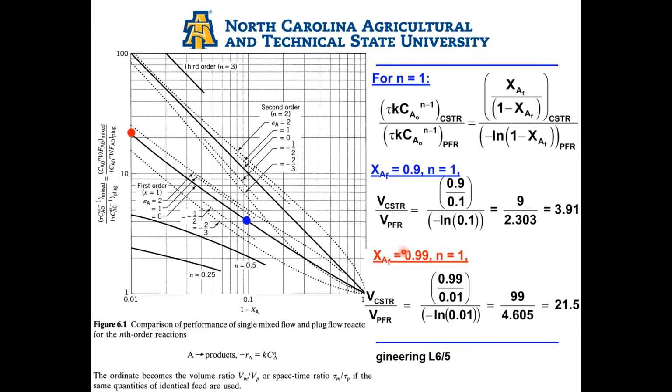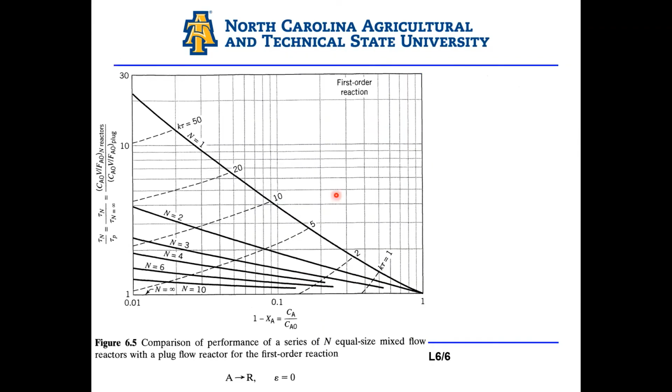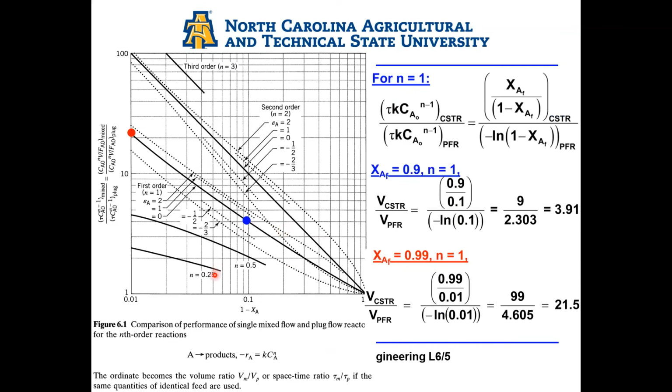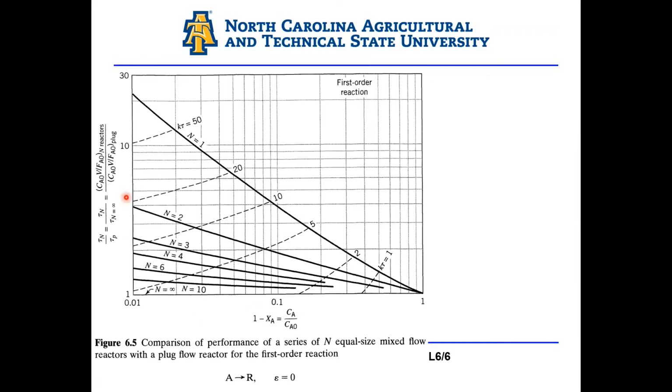Okay. So this is a very useful chart to get an idea of this type of behavior in terms of conversion to ratio of volumes. The second type of chart you see in Levenspiel is chart 6.5. And here I'm looking at 1 minus XA versus the volume of n mixed reactors over the volume of one plug flow reactor.